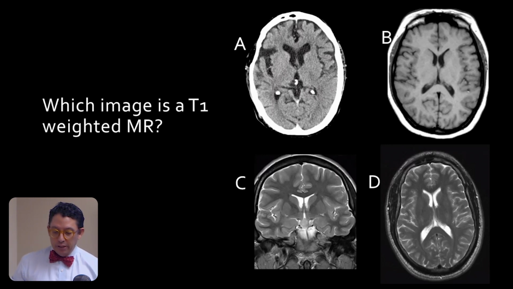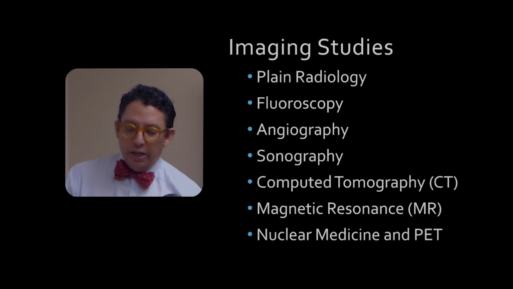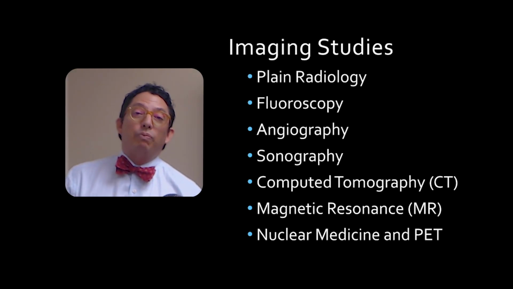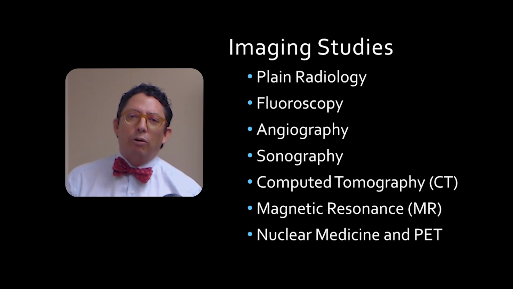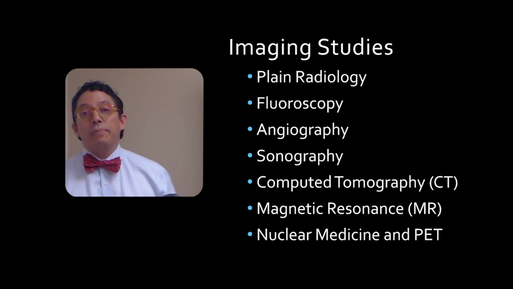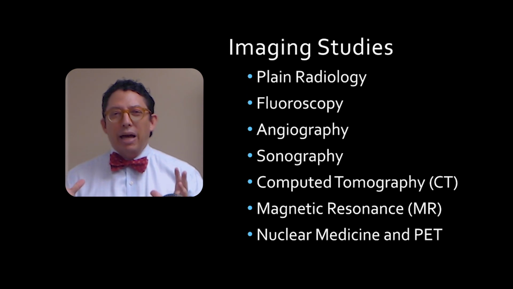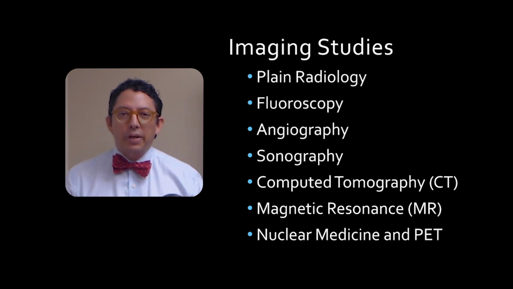So let's get back to the lecture and talk about imaging studies. What imaging studies can you do to study the central nervous system, the spine, and the head and neck, which is what neuroradiology is all about? We can do it through plain radiographs. You can also do it through fluoroscopy, which is cinematic images of X-rays.